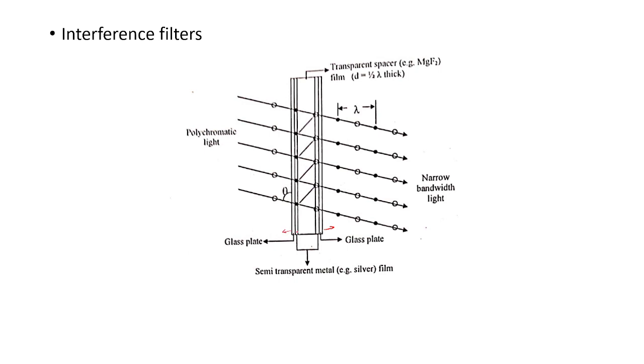This is metal plate, semi-transparent material, and then it is coated with a thin layer of some dielectric transparent material. Here in between you can see this dielectric transparent material which acts as a spacer. These filters work under the interference phenomenon at the desired wavelength.